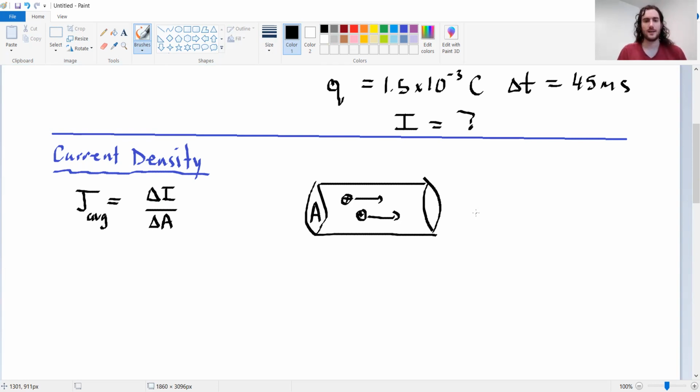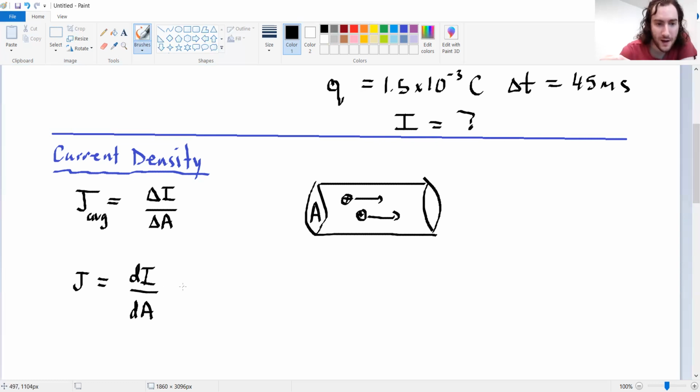But the idea here is that there's an amount of charge flowing in the wire, and there's a cross-section for that wire, and we can calculate a current density by taking that amount of current and dividing it by the cross-sectional area. Now, if we want to be more precise, again, we would upgrade those deltas to a derivative with respect to the area here.